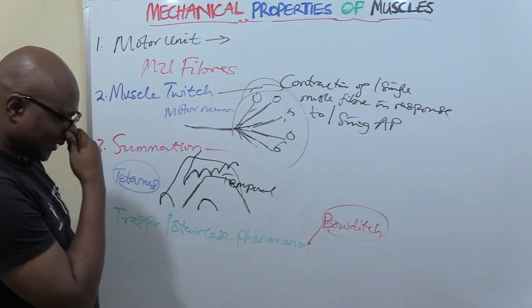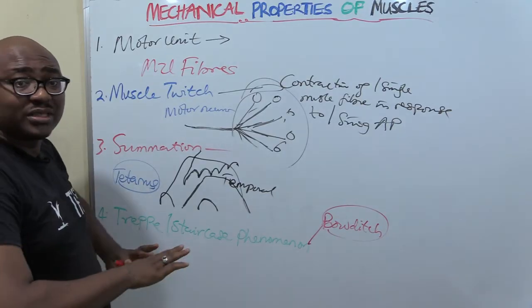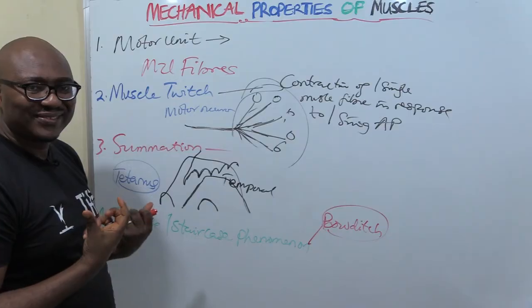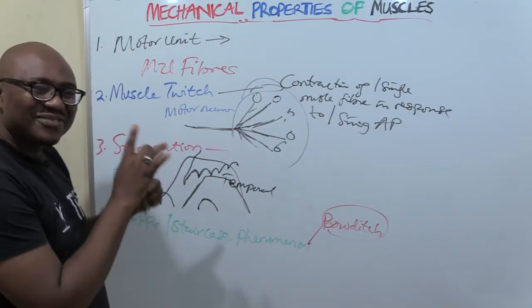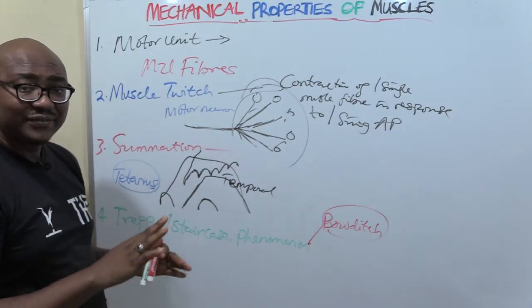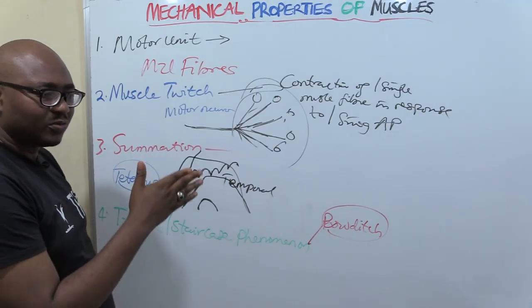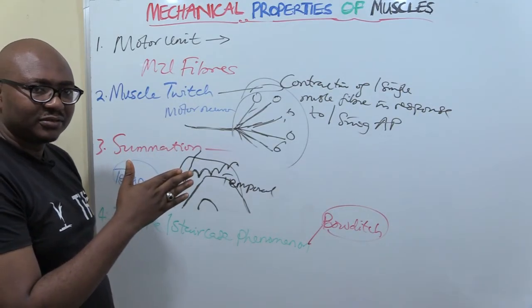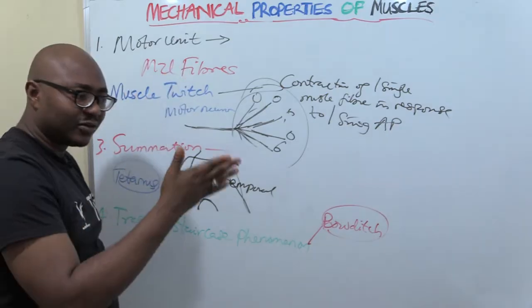Now what do we mean by this? It was first studied in cardiac muscles. Okay, it has some similarities with summation, but it's different. In summation, there's no complete relaxation before another contraction happens.